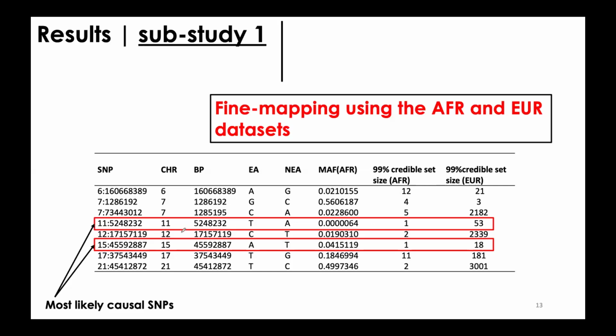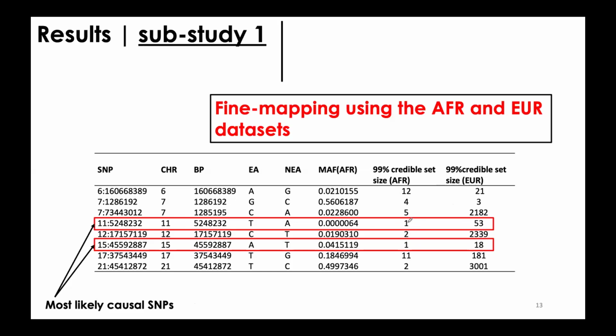Because in Africans, they're the only ones that were mapped that have a 99% credible set size of being causal. But in Europeans, we see that there are 53 others within the same region and 18 others that could be causal. So of course, you could also be right to take the ones that are just 2, because 2 is still a small number.